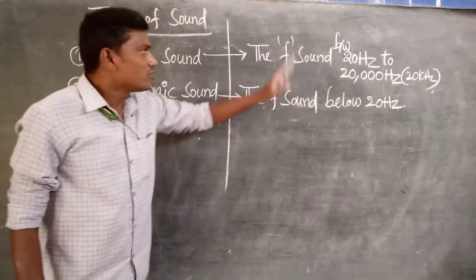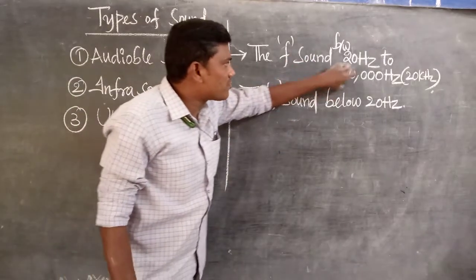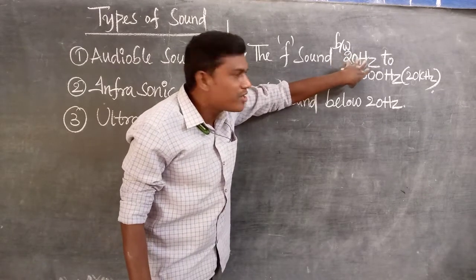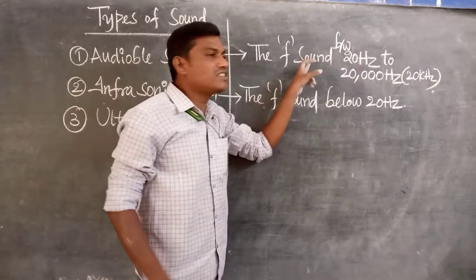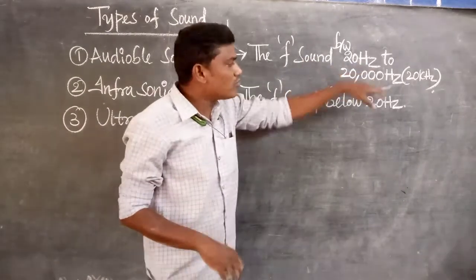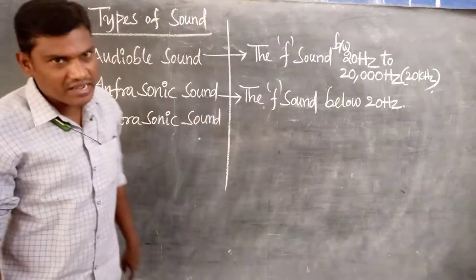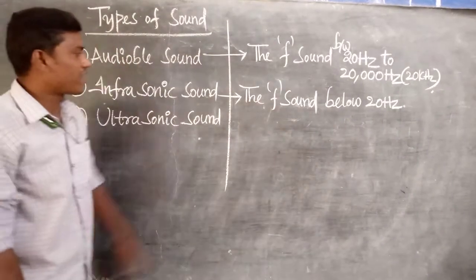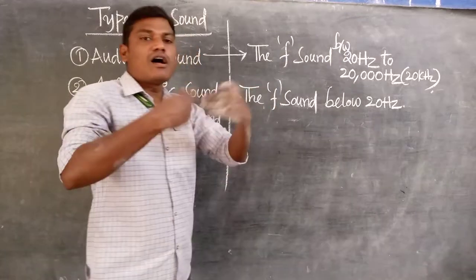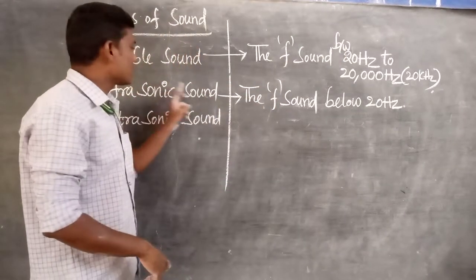So what is the meaning of 20 Hz to 20,000 Hz? Only this range of frequency of sound can we hear. Below 20 Hz our human ear cannot receive the sound, and above 20,000 Hz our human ear cannot receive the sound either.